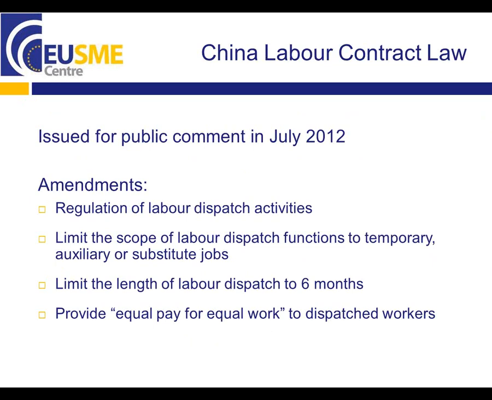This is really a whole other topic, really just to raise awareness for those who don't know that in July 2012, there were amendments to the China labor contract law. They have to do a lot with temporary workers. So there are some changes there, also limiting the amount of time that companies can officially have temporary workers.